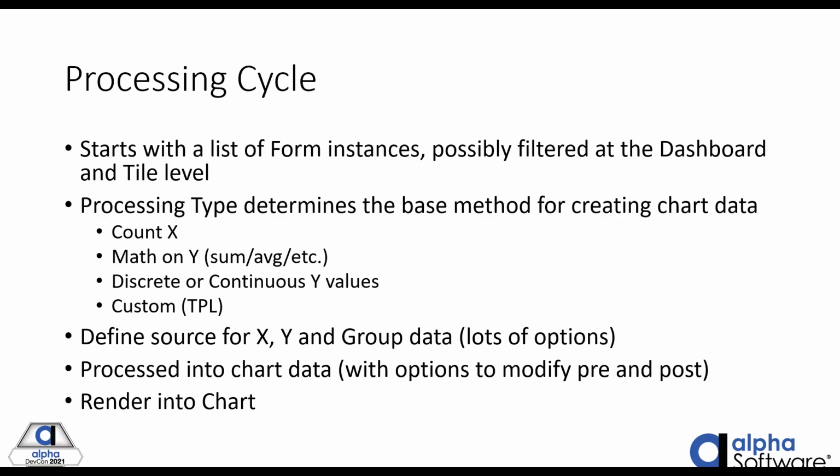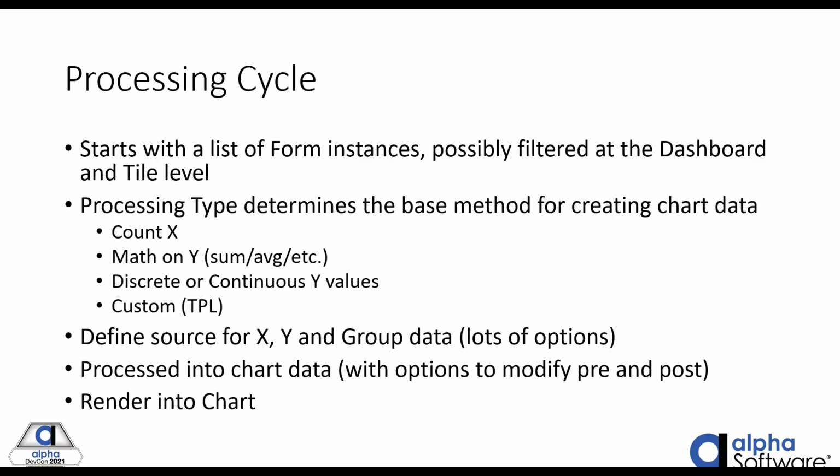It could just be counting all the X values, or we do some kind of math, add up everything, or it could be some kind of continuous line, or we can do it in TPL. Then we pick sources for our X, Y, and our group data. There's tons and tons of options there; we'll go through a few of them. That data gets processed into chart data, and then we have some ability to modify that before it renders into a chart. So that's kind of how things work. I think that'll help us as we go through these.